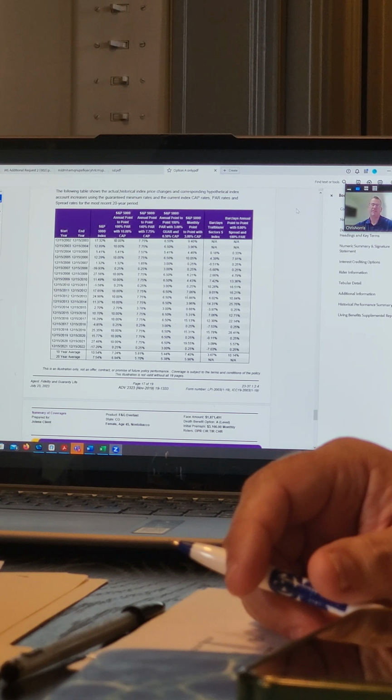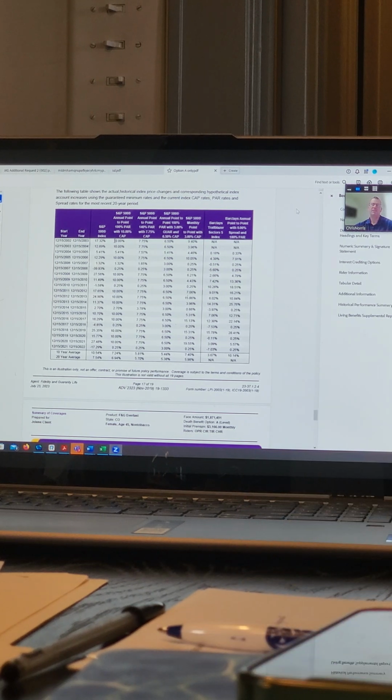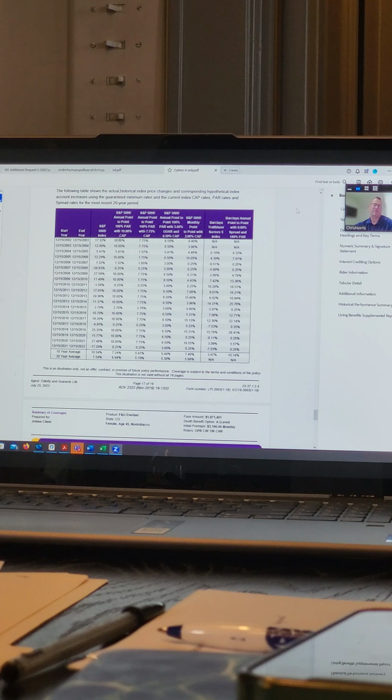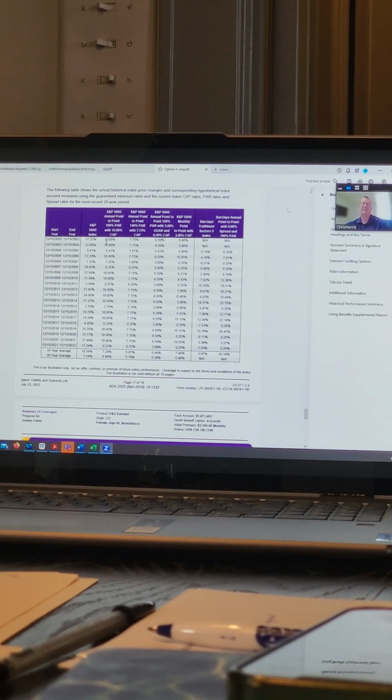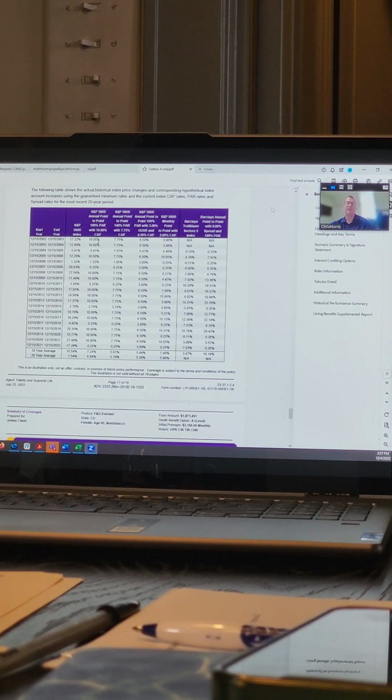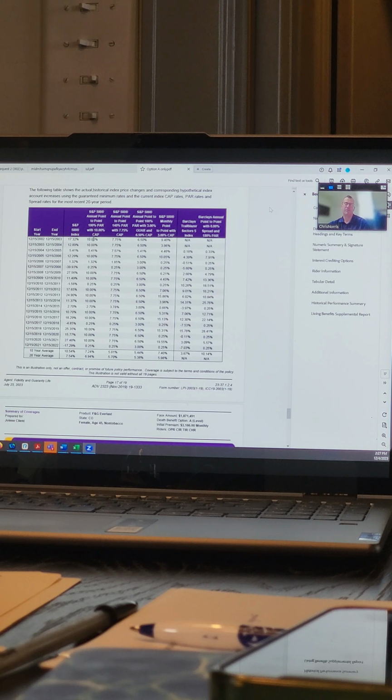So as the insurance policy credits interest, you'll see 10% because that's the cap. That's the highest it can credit in the policy. So it'll cap out at 10%, 5.41 because that's what the model did, 10%, 1.32. That negative 39 right there in 2008, they still credited 0.25.